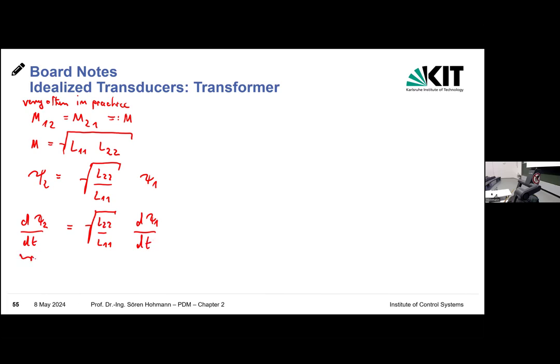And obviously this is U2 and this is U1. So what we see here, obviously, the effort, so we define the transformer in that way.